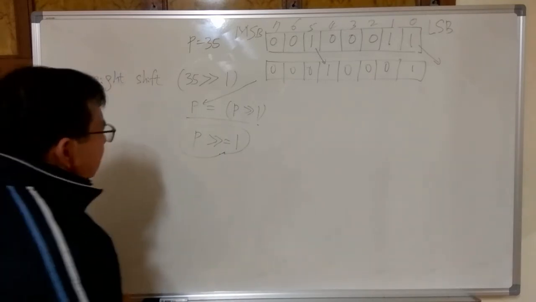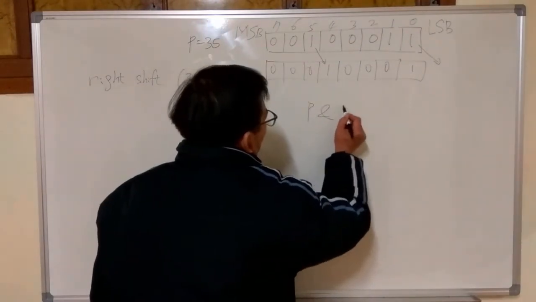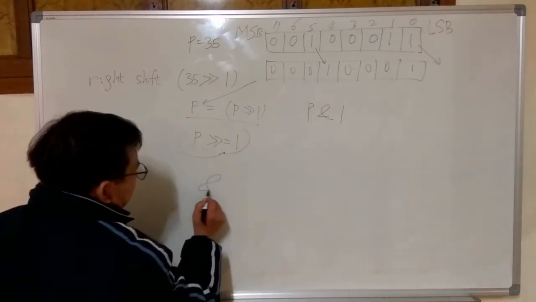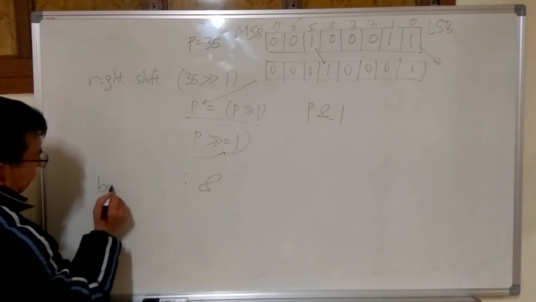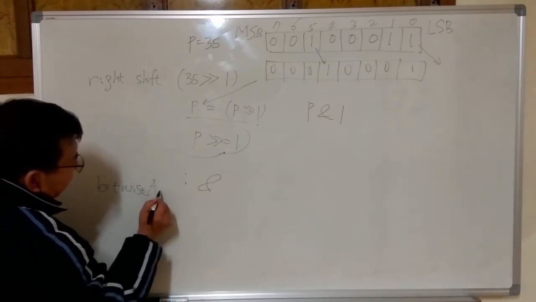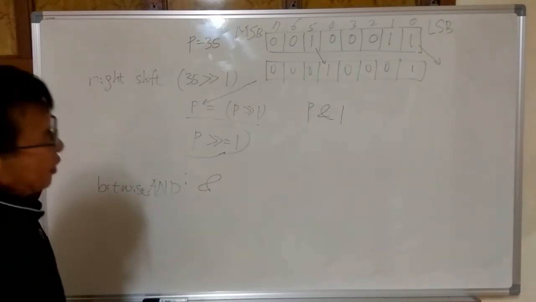Another thing you have to understand is something like this: P and 1. This operator is called the bitwise AND operator. What it means is something like this.